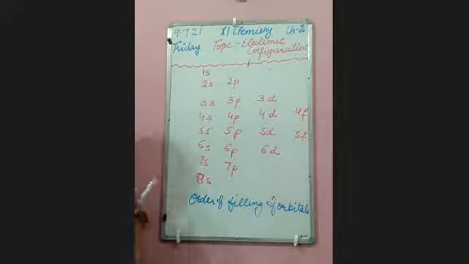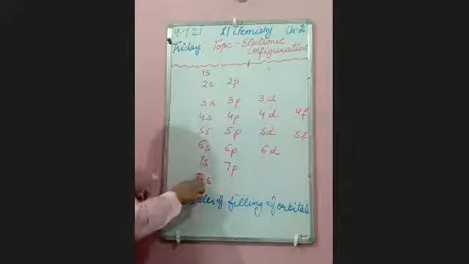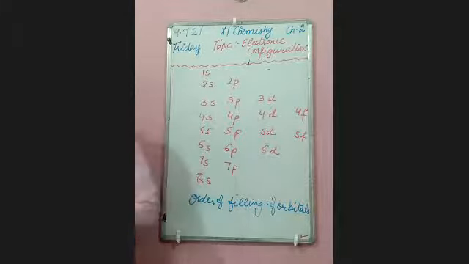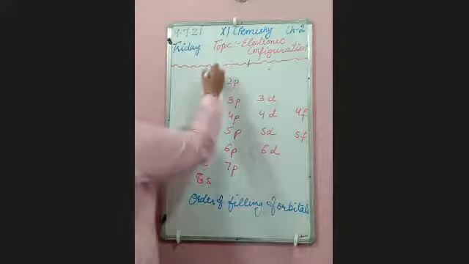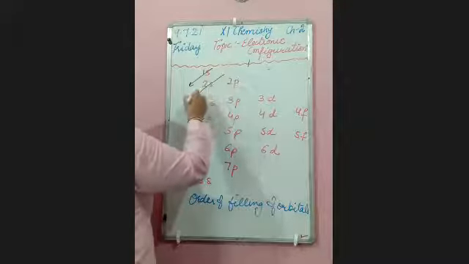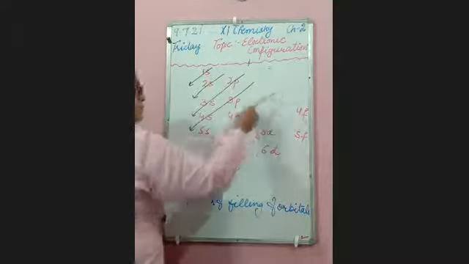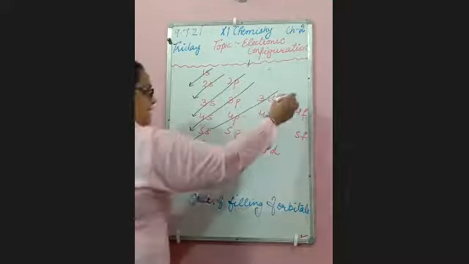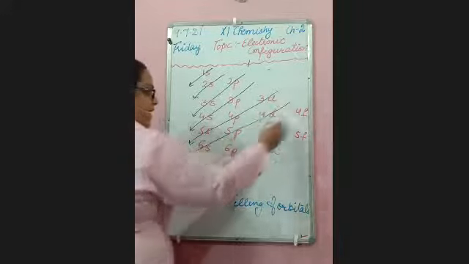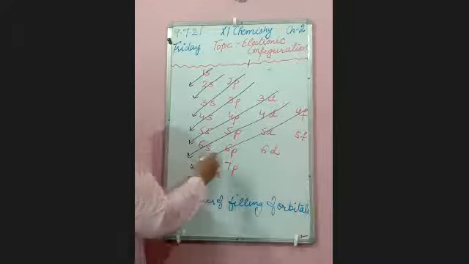Now, I will draw some lines in a zigzag manner like the snake moves. It will tell us the energy of orbitals.